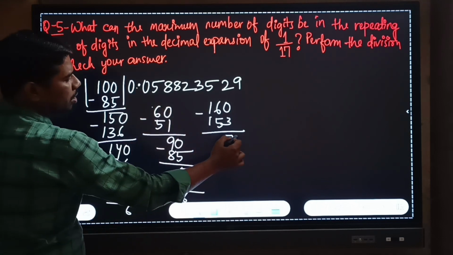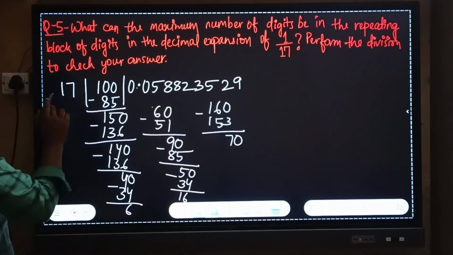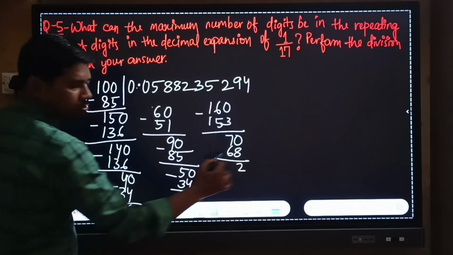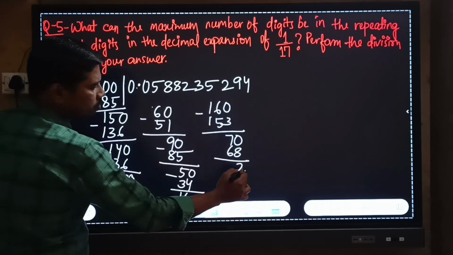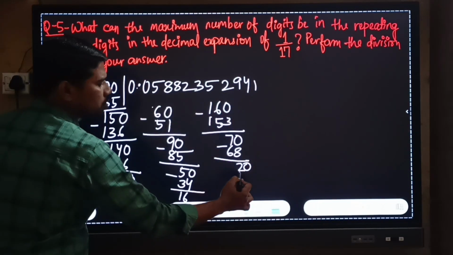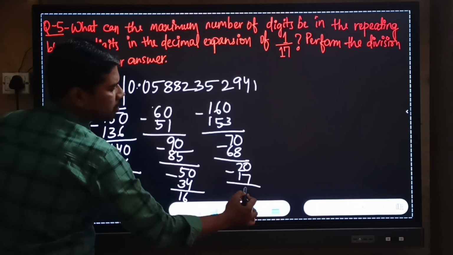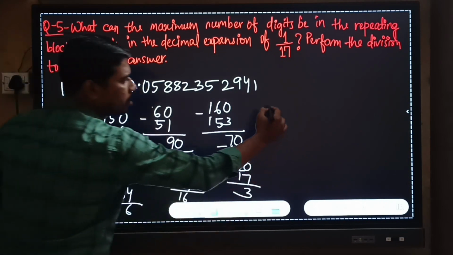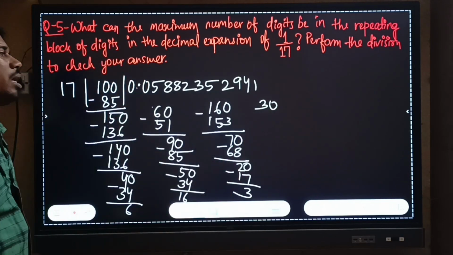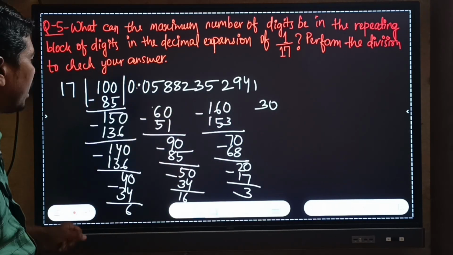Then the point is there, decimal means it will become 70, 17 4s are 68. Now 2. Then 2 with the decimal means 20, it will be 17 1 17. 20 minus 17, that is 3. I am writing here 3. Decimal means the point is there, the result is 30.